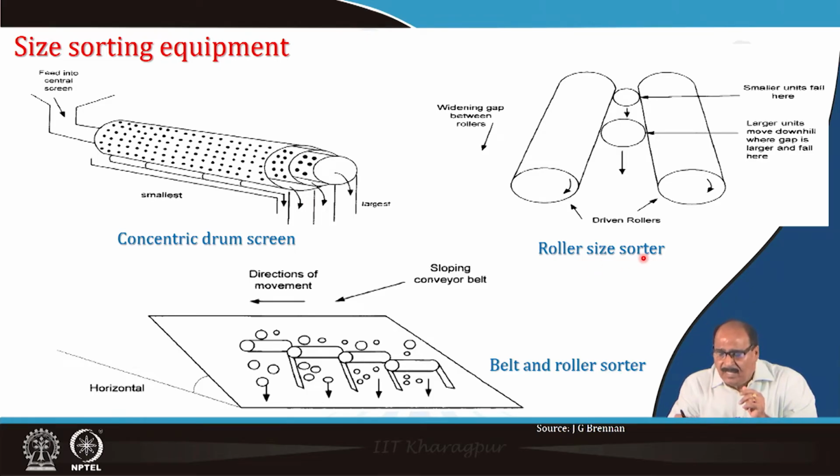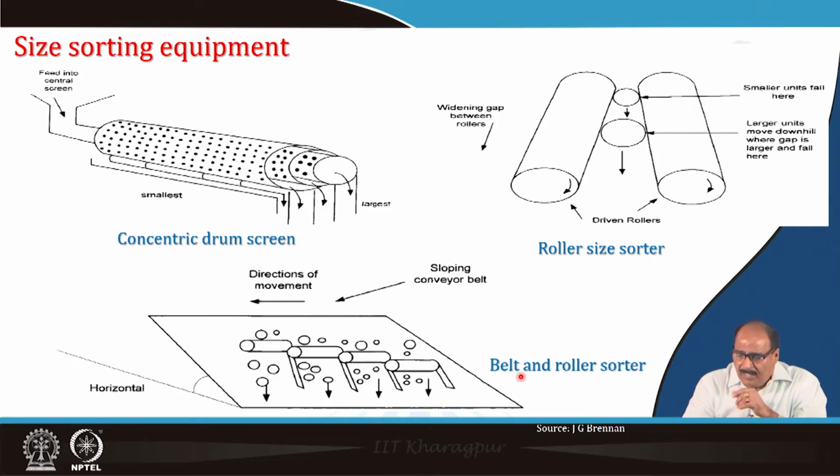Then the roller size sorter. You see these two rollers with a widening gap between them. The material moves along, the gap at one end of the roller is smaller, and as it moves the gap increases, so accordingly it separates various sizes.